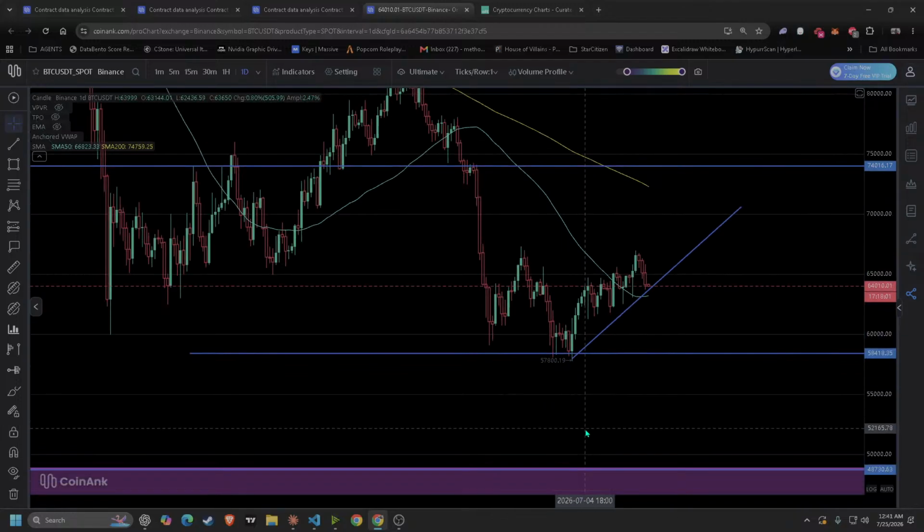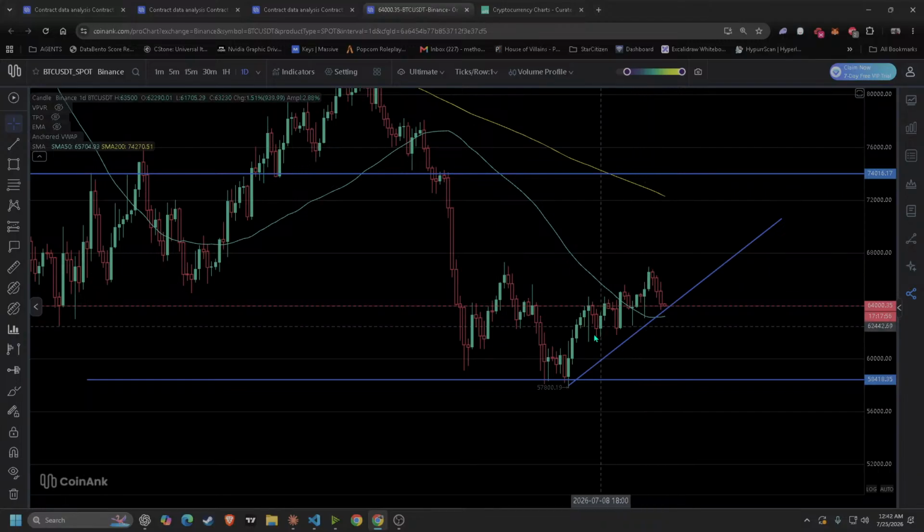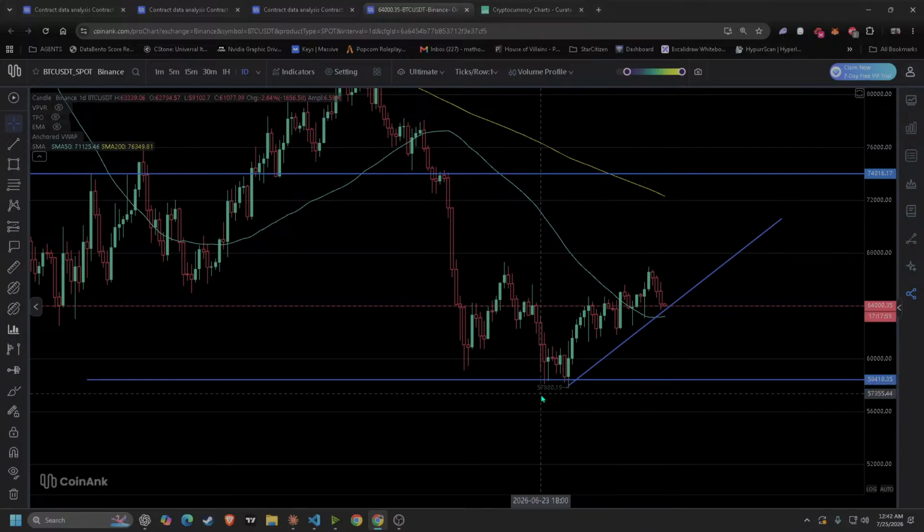On the short term. But the last few days been on a down swing to pull back, test previous support.